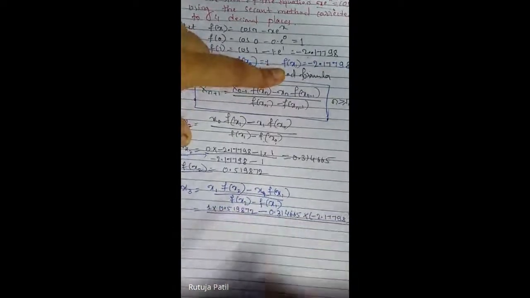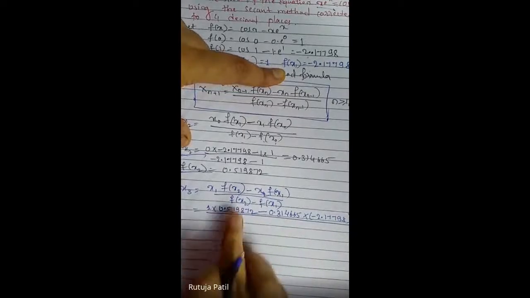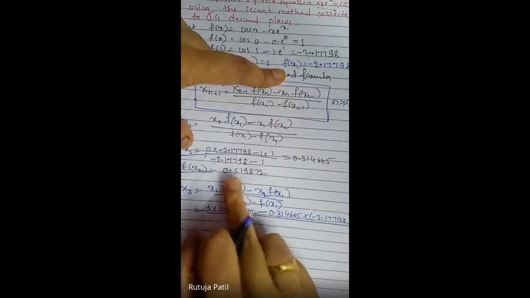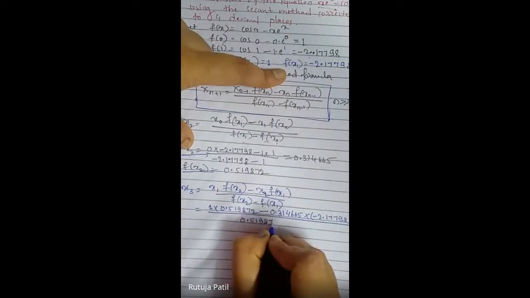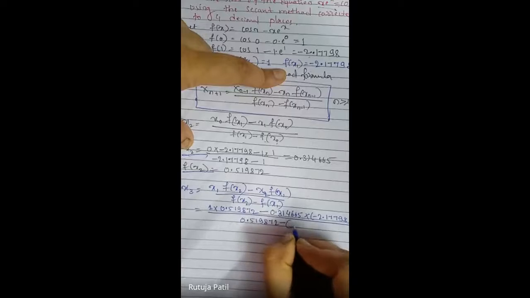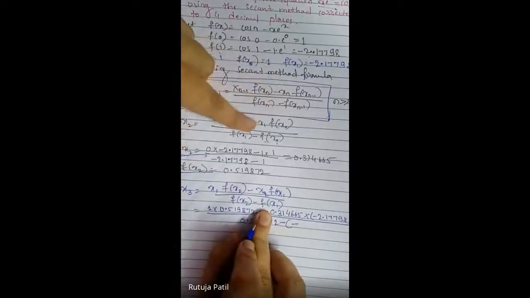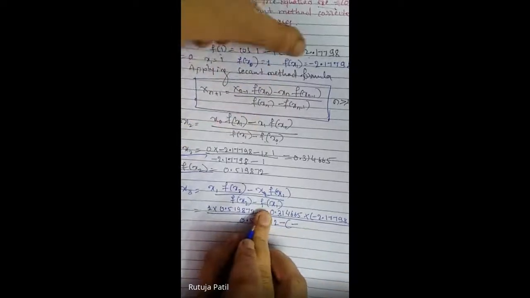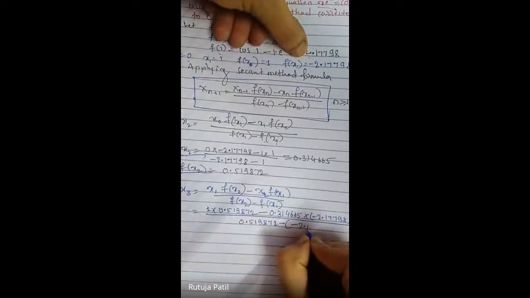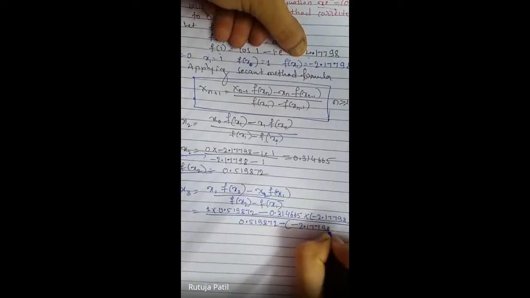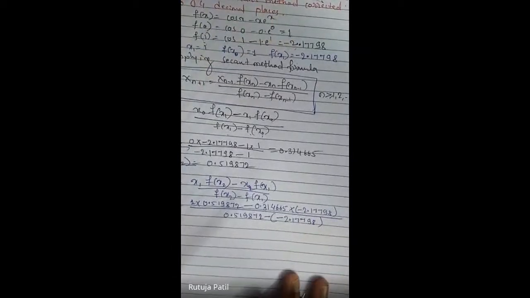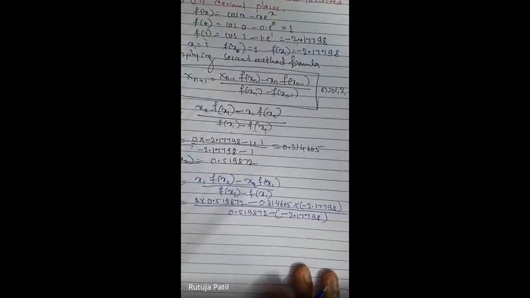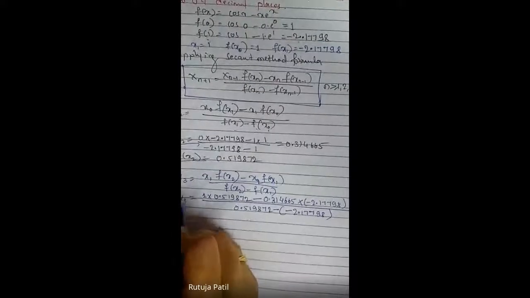So divided by f of x2 is this one, 0.519872, minus f of x1 is this one, that is minus 2.17798, right? So substitute in the formula, and calculate.